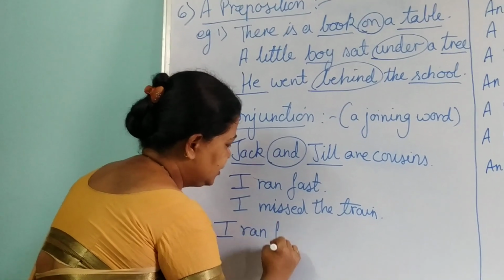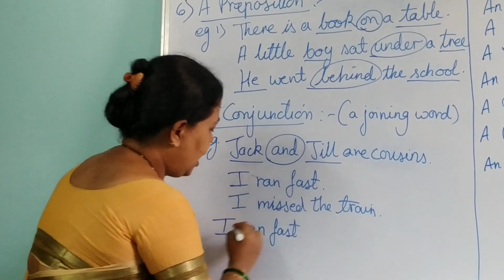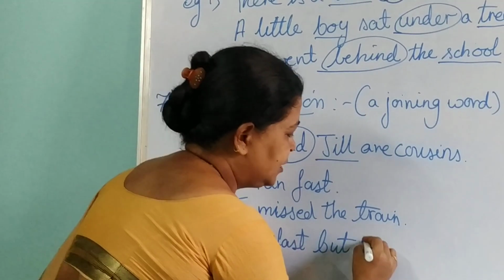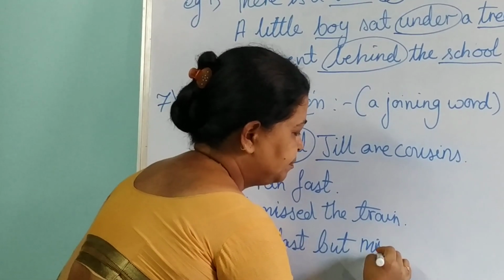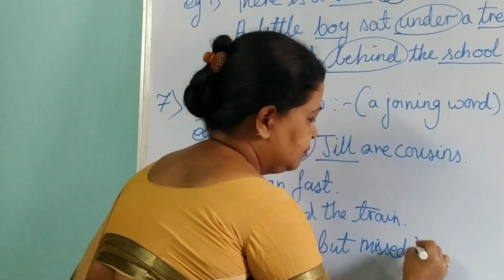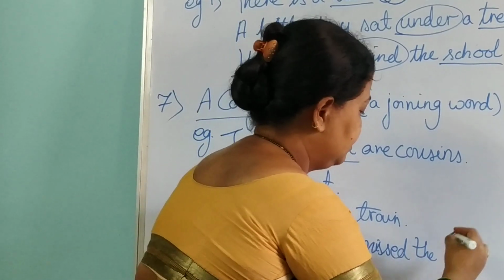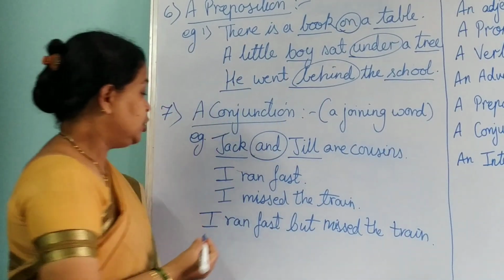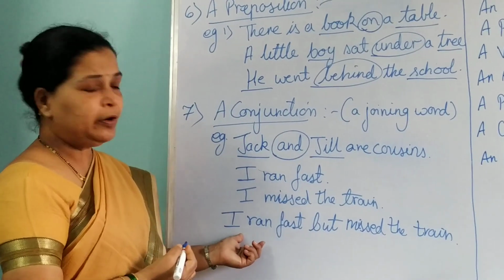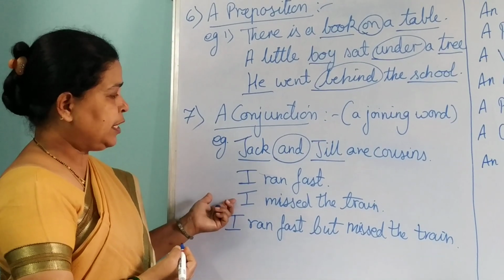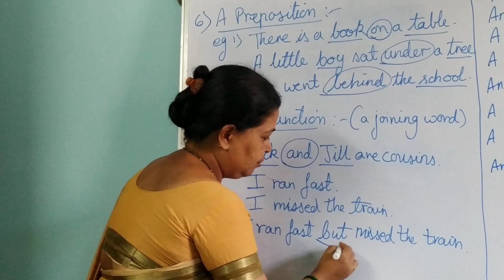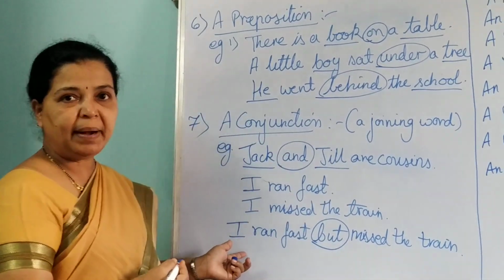I ran fast. We'll write like this. I ran fast but missed the train. Okay, so what did we do here? These two sentences we have joined using the word but.